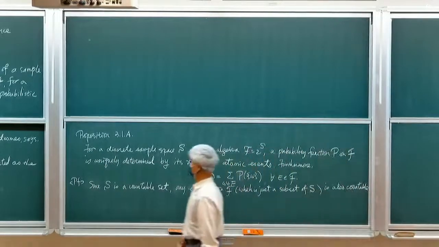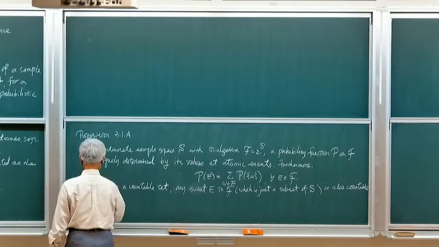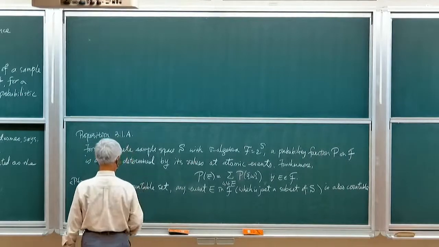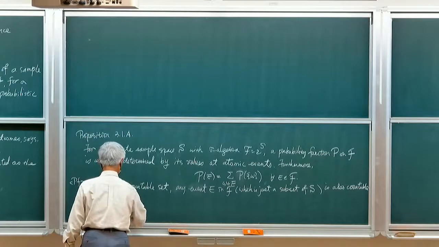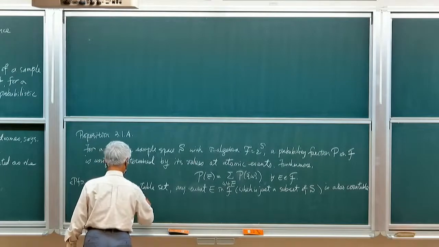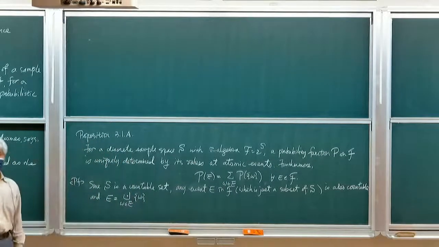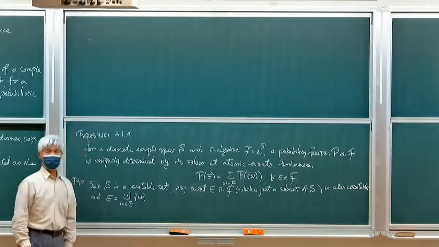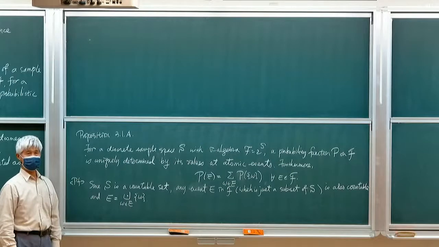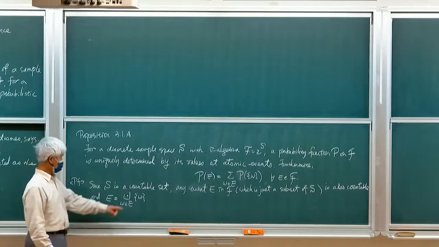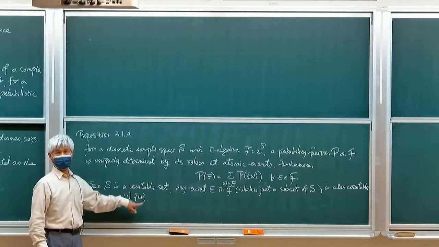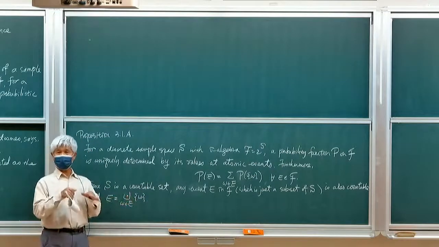Okay, and E can be expressed as the disjoint union of the atomic events for all the outcomes in the event. Because all these atomic events are disjoint. Why? Because they are different outcomes. So the intersection is empty.